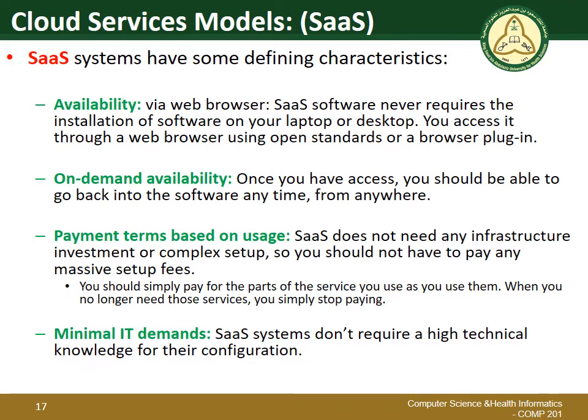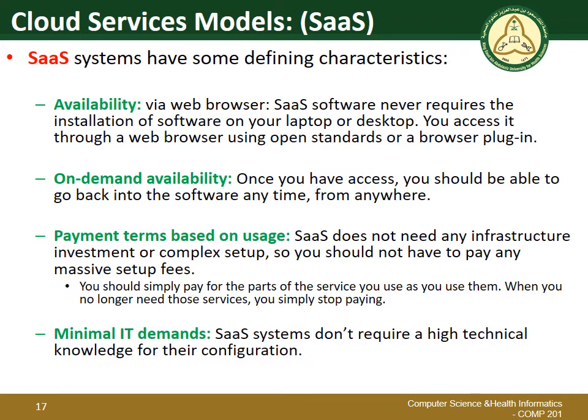Now, there are some characteristics for SaaS. The availability: you have to have a web browser to access any software as a service, right? But it never requires an installation. So this gives SaaS cloud computing a good advantage, which is the availability. It is available anywhere.